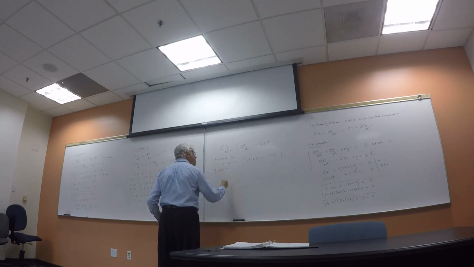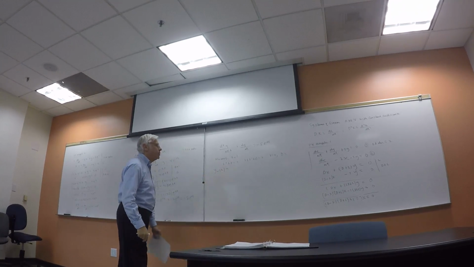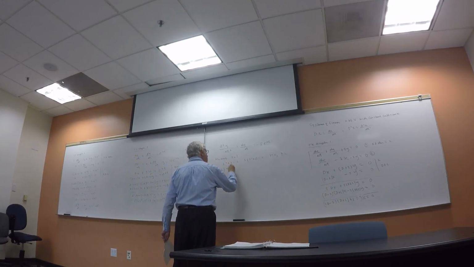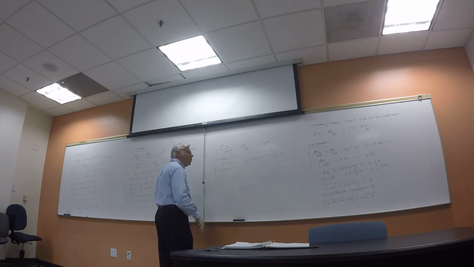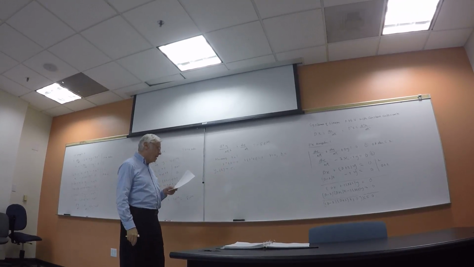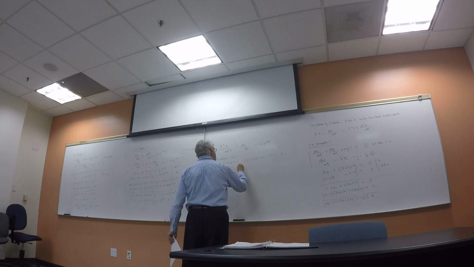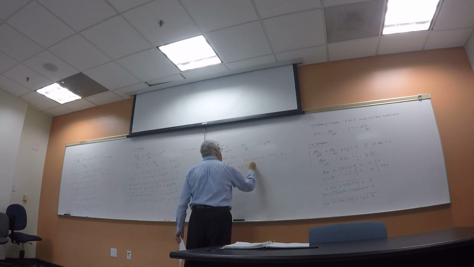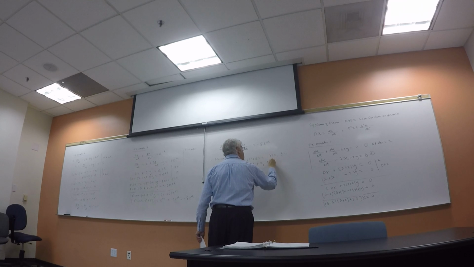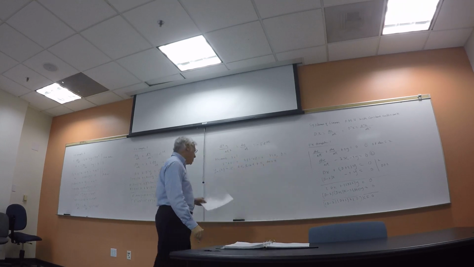The solution to the homogeneous equation. Just use superposition. You get c1 e to the 0t, which is just 1, and then I got sines and cosines, plus c sub 2 sine t plus c sub 3 cosine t. That's the complementary solution.